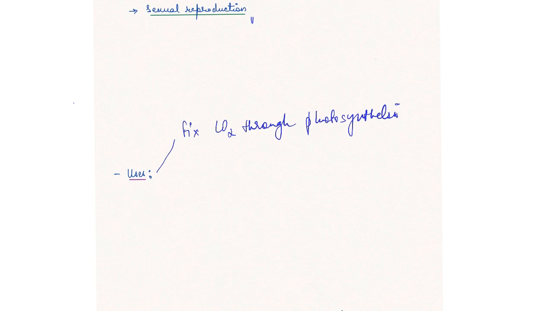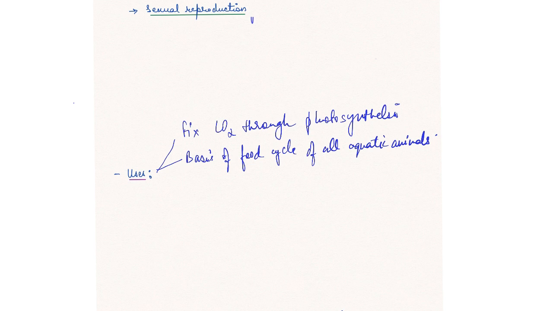They are the primary producers of energy rich compounds in the food cycle as well. So you can say they are the basis of the food cycle of all aquatic animals.